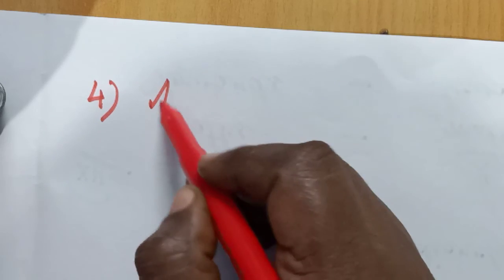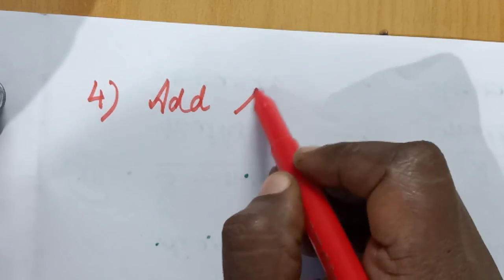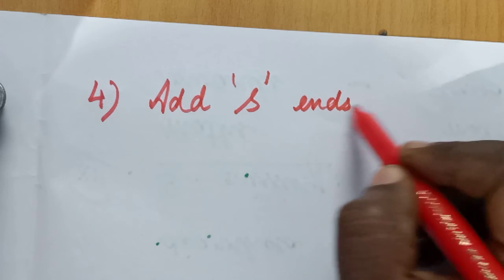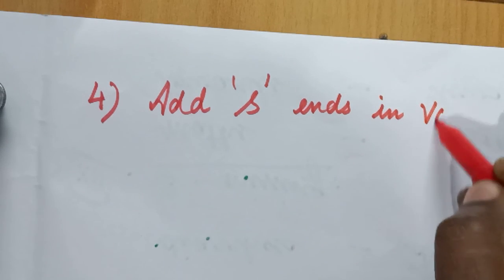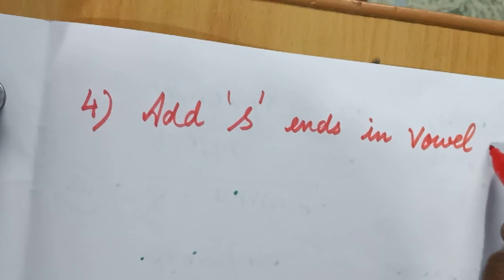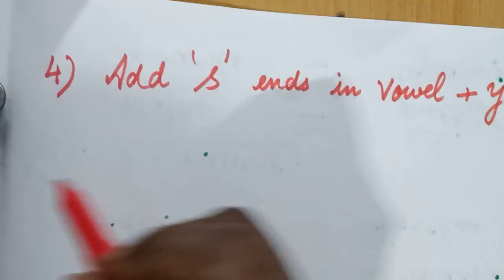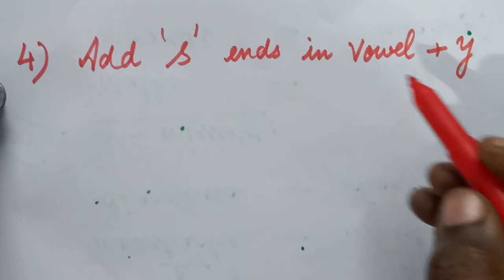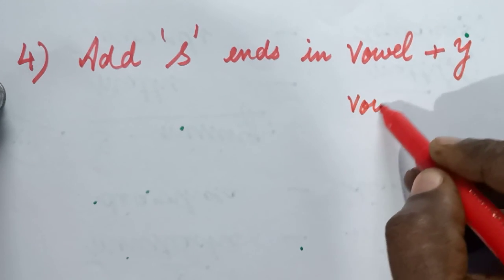Yes. Your fourth set of rules. What is your fourth set of rules? Just add S if the noun ends in vowel plus Y. You know what are vowels?